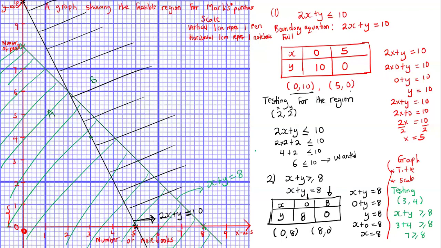Now, after that, we still have another inequality. Let me fix my things here. The other inequality we have is x is greater than or equal to 3. We say that x greater than or equal to 3 means that our boundary equation is x is equal to 3. And this one means that our x doesn't change.